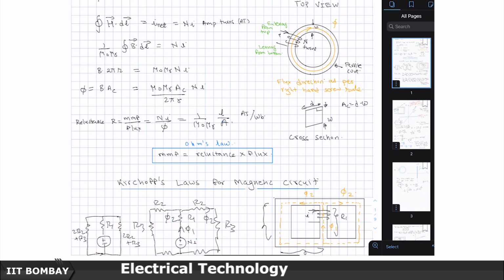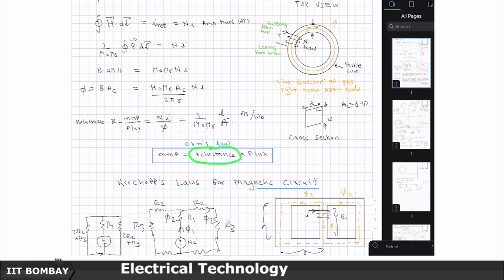Now, this N of I is the cause for setting up the flux. In an electrical circuit, EMF or voltage is the cause for causing the current. So, here the MMF is the cause. In an electrical circuit, the voltage causes current to flow, here the MMF causes flux to flow, and there is some opposition seen in the electrical circuit to setting up of the current, which is called resistance.